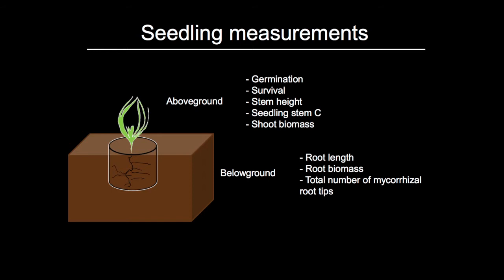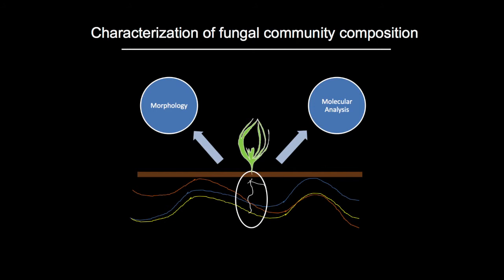Now, besides the seedling measurements, I am also interested in characterization of the fungal community composition. This will be done in 2 ways. One, through visual identification, so morphologically, looking at such characteristics as color, shape, and texture of the actual mycorrhiza. And a subset of those samples will be done through molecular analysis. In particular, the goals here are to identify the ectomycorrhiza at the species level, and 2, to identify rare fungal species.